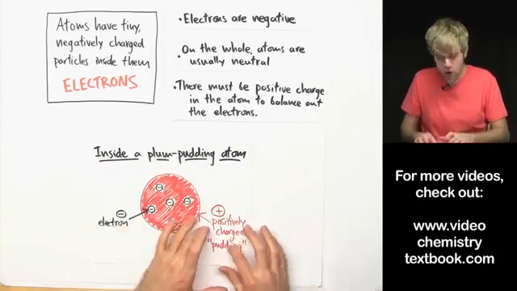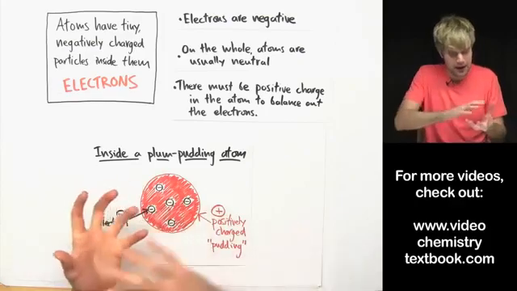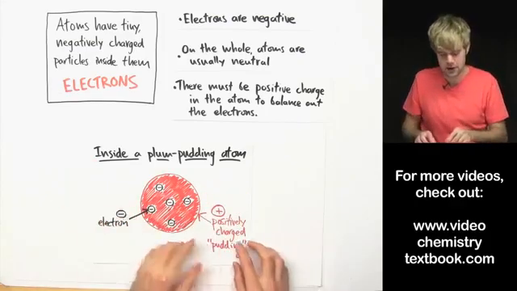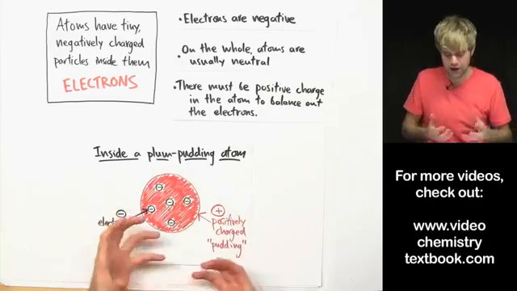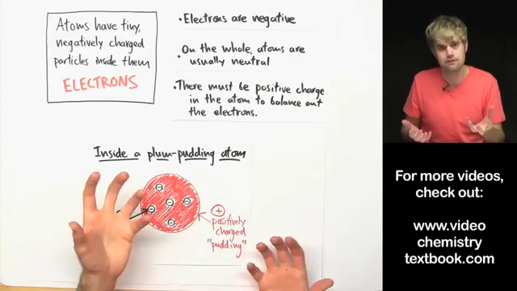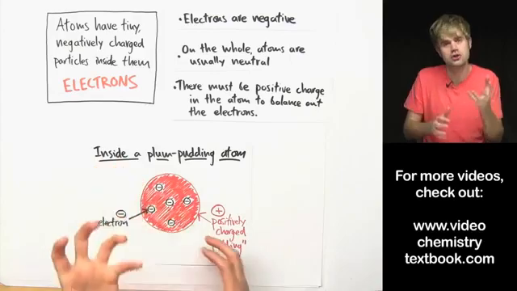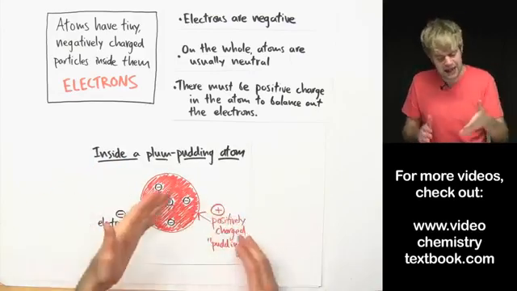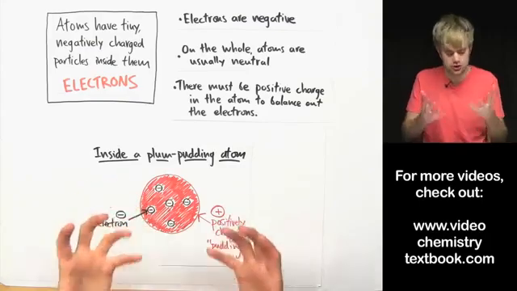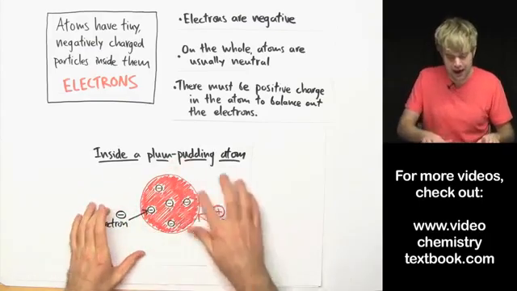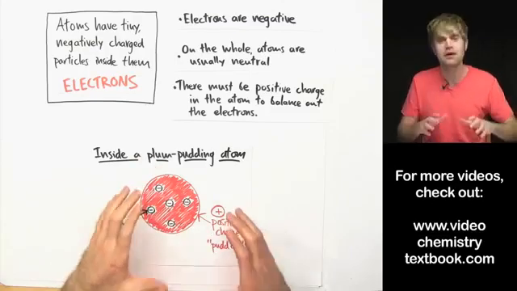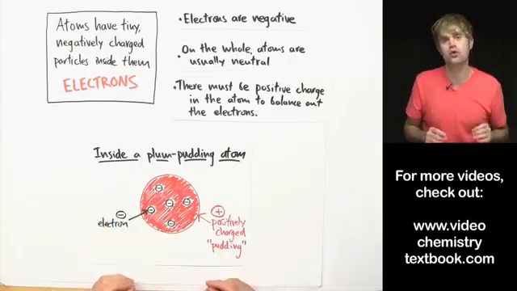And the dough, like in a blueberry muffin, keeps these electrons or blueberries held in place, but the dough itself has a positive charge. And it's that positively charged dough that balances out the negative charge of the electrons, and so together they don't have any total net charge. So the atom is electrically neutral.